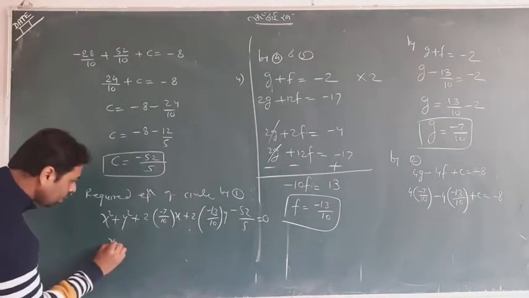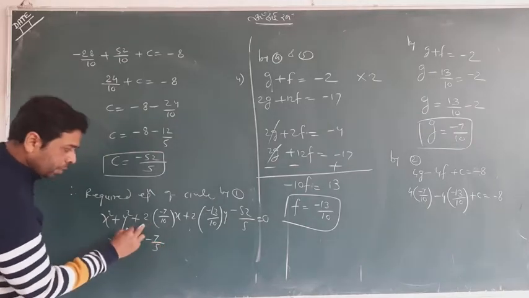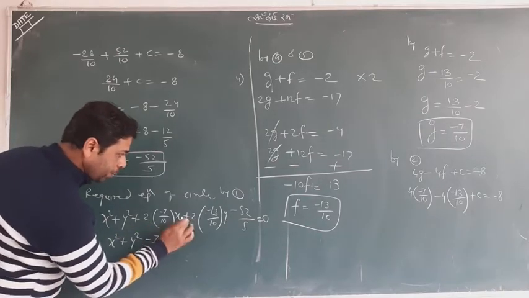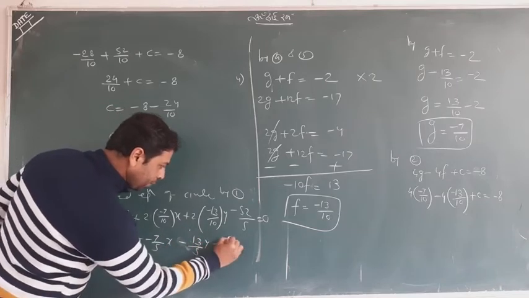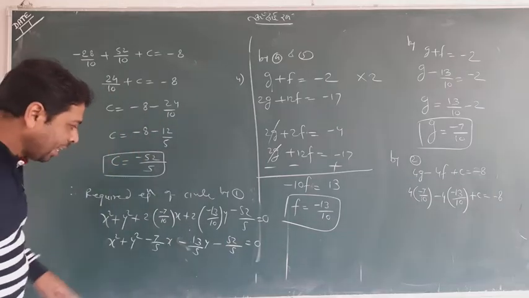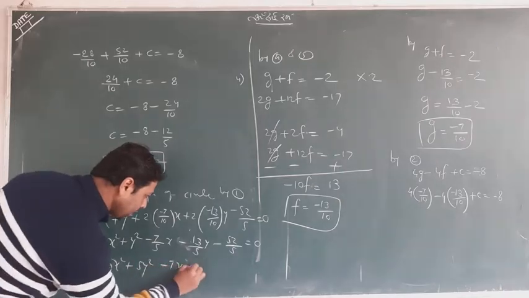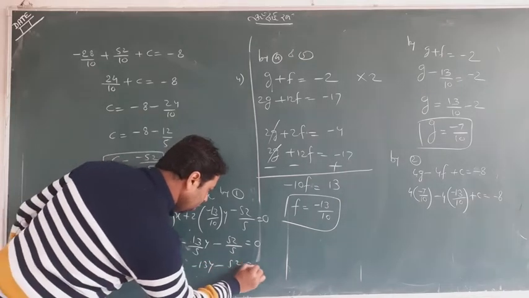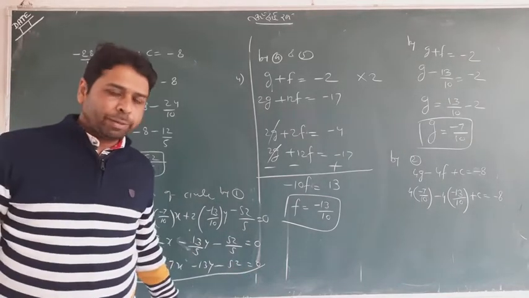So x square plus y square, these cancel by 2, 5 times. You can drop your answer right here, or you can take an LCM: 5x square plus 5y square plus 7x plus 13y plus 52 is equal to 0. So this is the answer.